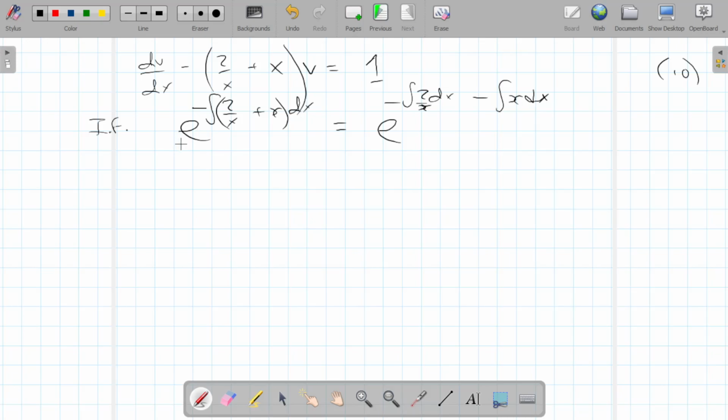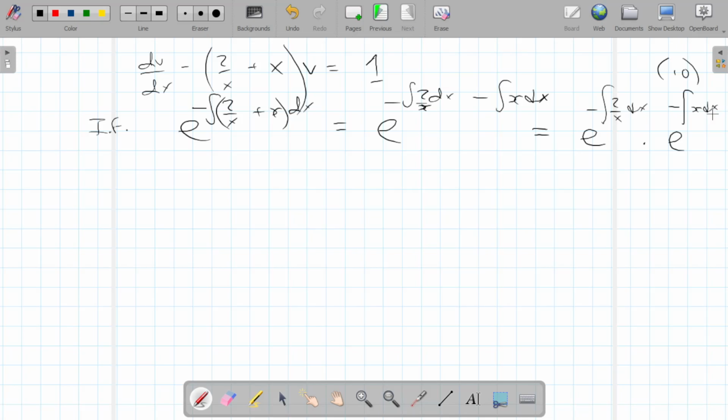Simplifying further, we've got e to the minus integral of 2 over x dx times e to the minus integral of x dx, right?